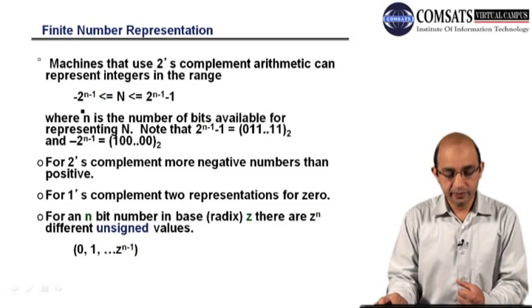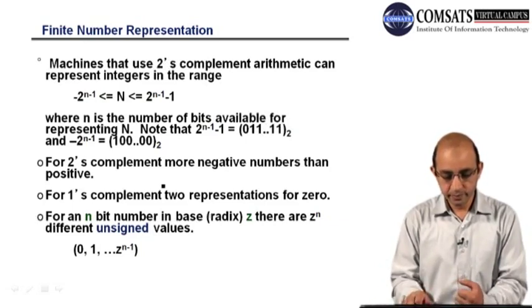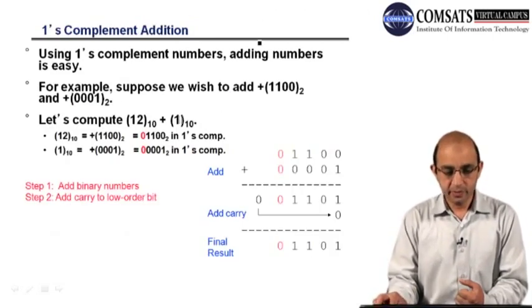So if you have 8 bits, and 1 bit is reserved for the sign, you can calculate the total number of possible combinations, from 0 to 127, and then from 0 to minus 127. So these are the possible combinations, or you can say this is the range.